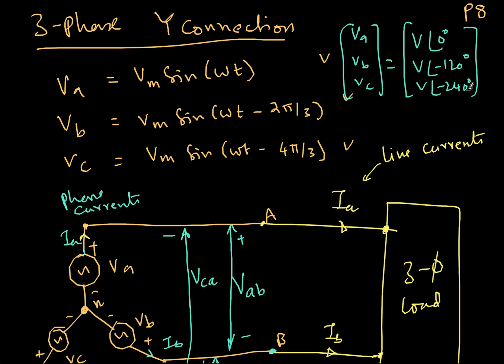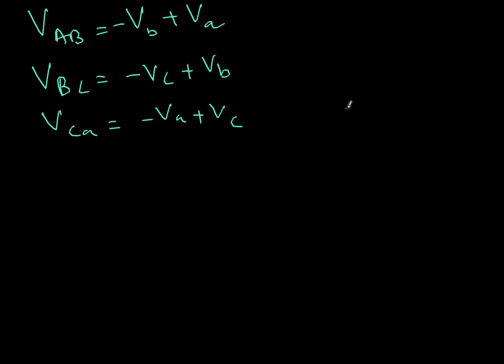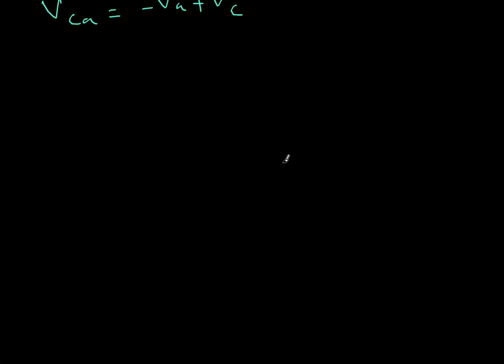So this is my representation in polar form of the same equations. You know how to do that. So if I come down now, going by that, this is my VA, angle is 0 degrees, and VB will be 120 degrees behind VA.